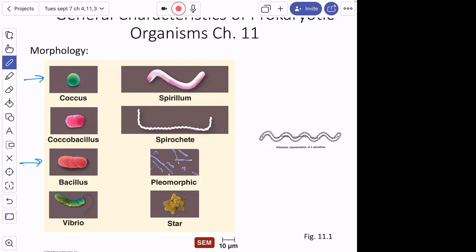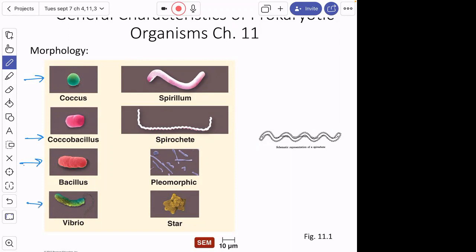Probably won't get a chance to view any other morphology, but there's a lot of other stuff out there. There are some organisms that are not perfectly round, but not really considered a rod either. So somewhere between those. We call that a coccobacillus. There's some stranger stuff like comma-shaped cells. We call those Vibrio.